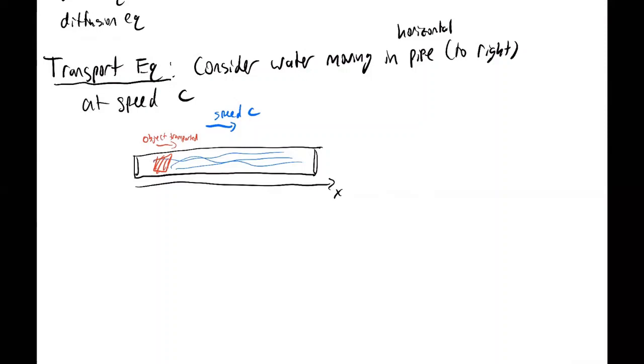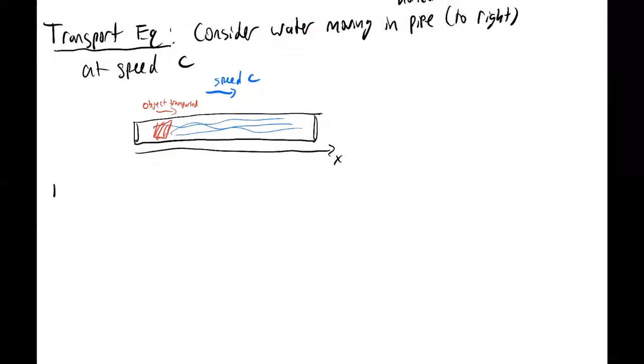This is a simple physical system where there's water moving, I input some pollutant in the water, and we want to understand how that moves with time, or how the concentration changes with time. So we're going to define a function, u of x,t, where t is bigger than or equal to 0, which evolves corresponding to the physical system changing.